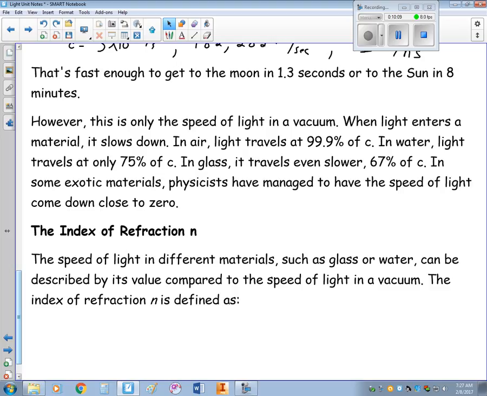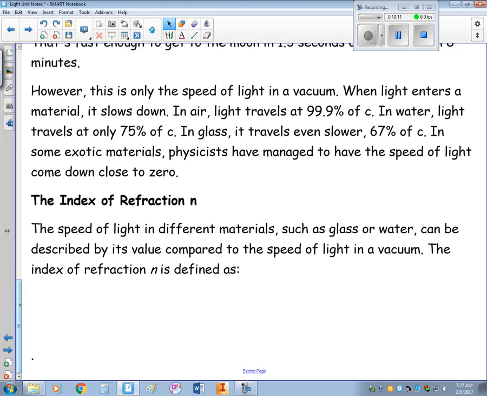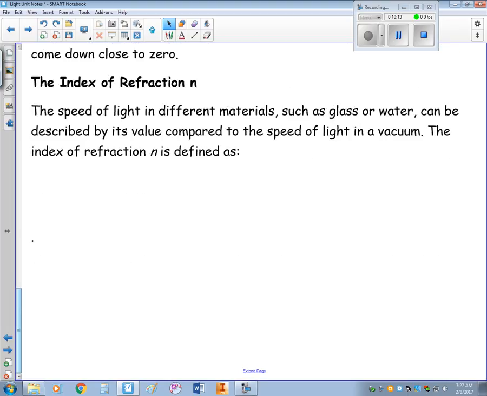So what this leads us up to is something called the index of refraction. And this is a comparative technique which compares the speed of light in one material versus the speed of light in a vacuum. So since light slows down in materials like glass, water, we can compare it to the speed of light in a vacuum. We give this the letter n.